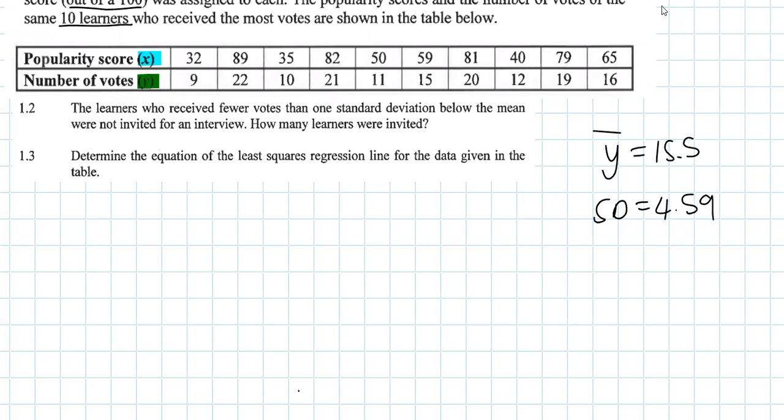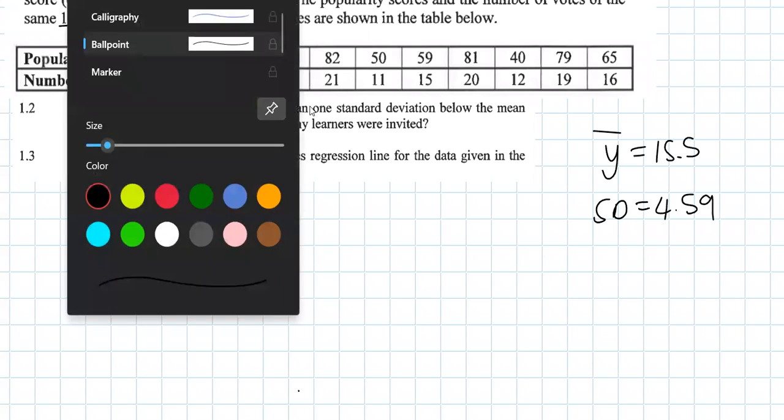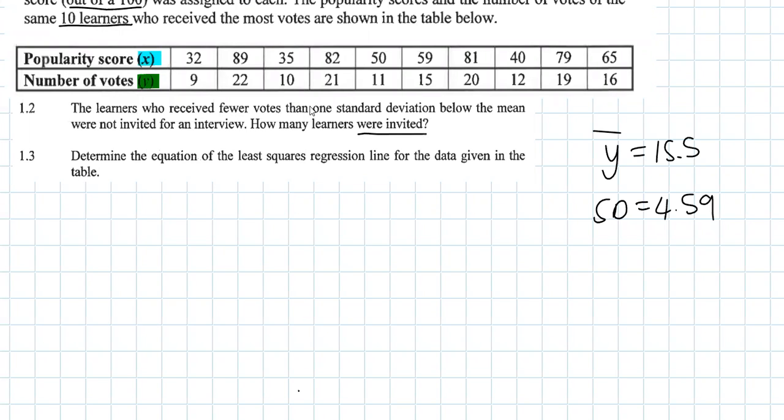Number 1.2, the learners who received fewer votes than 1 standard deviation below the mean were not invited for an interview. How many learners were invited? Okay, so in order to get how many were invited, we've got to look at how many were not invited.